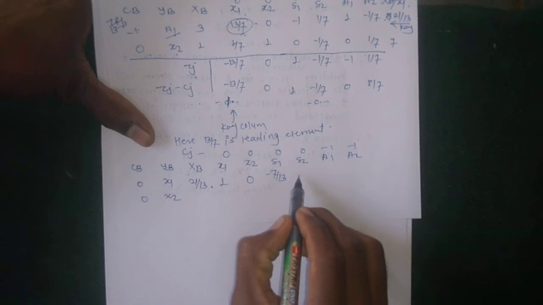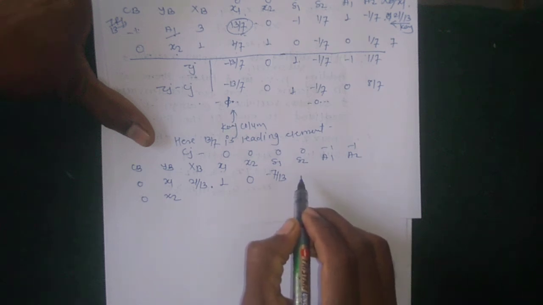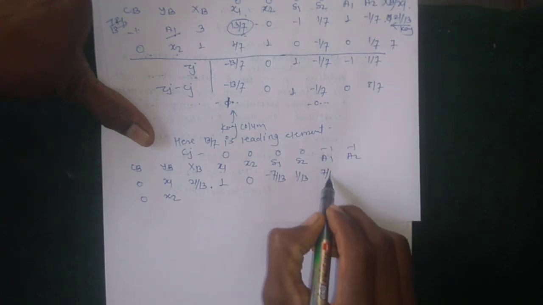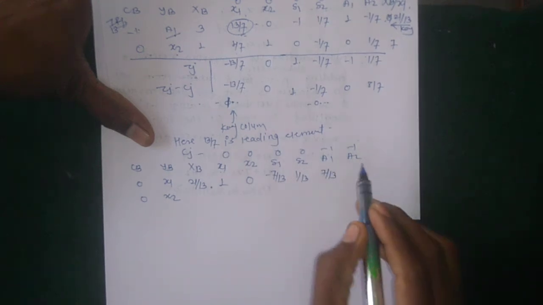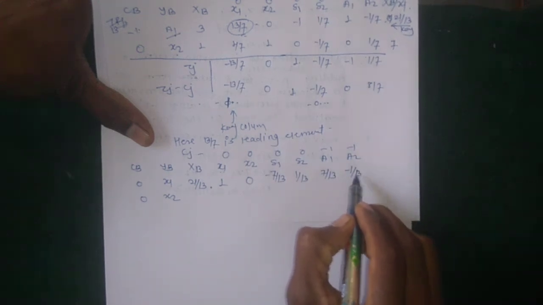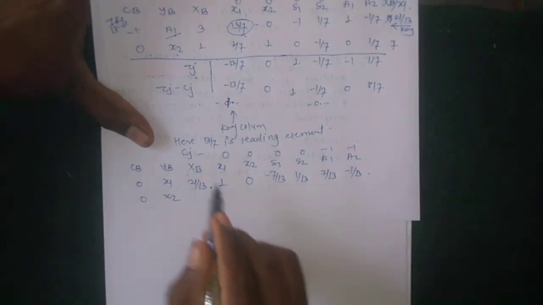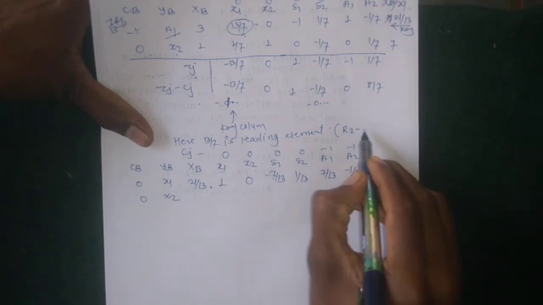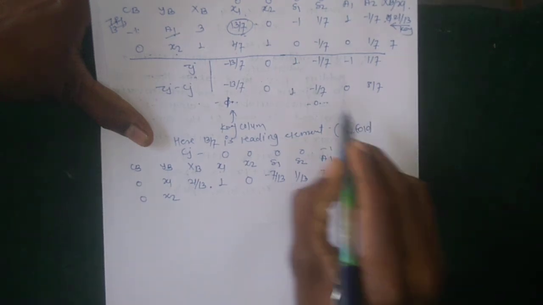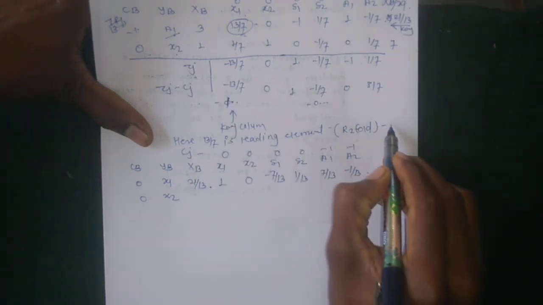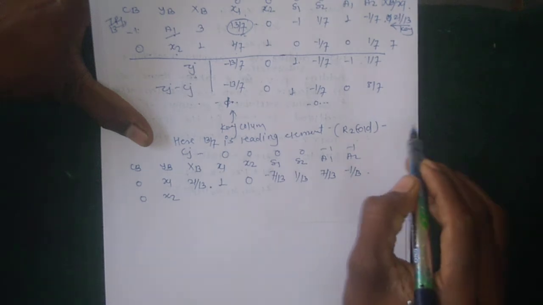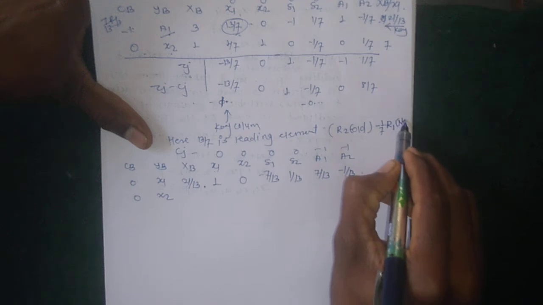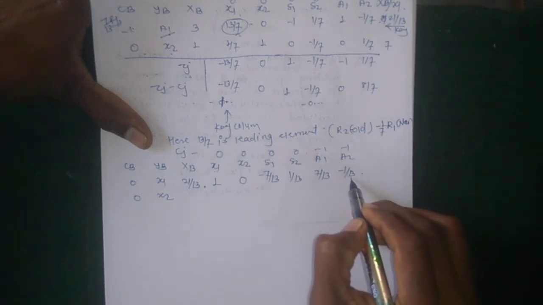Then 1 by 7 into 7 by 13 we get 1 upon 13. For the second, 7 upon 13 and minus 1 by 13. Using this operation: new R2 is old R2 minus 1 by 7 R1.